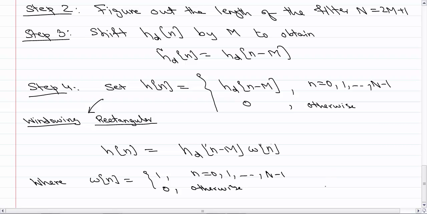So you have this window which is all ones, and zeros before and after. They are both the same operation.